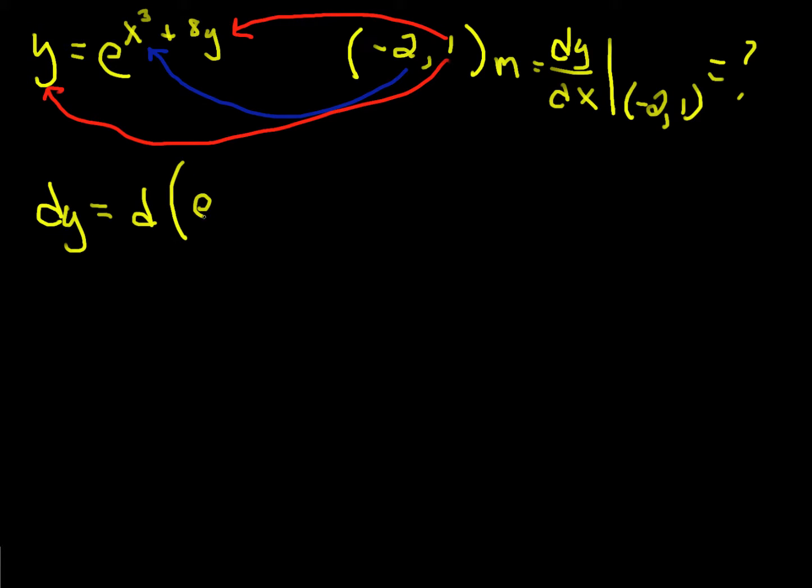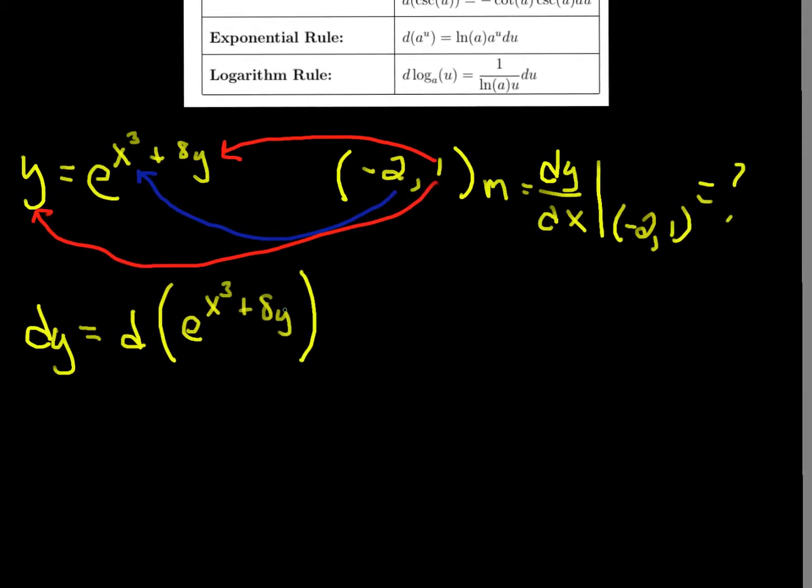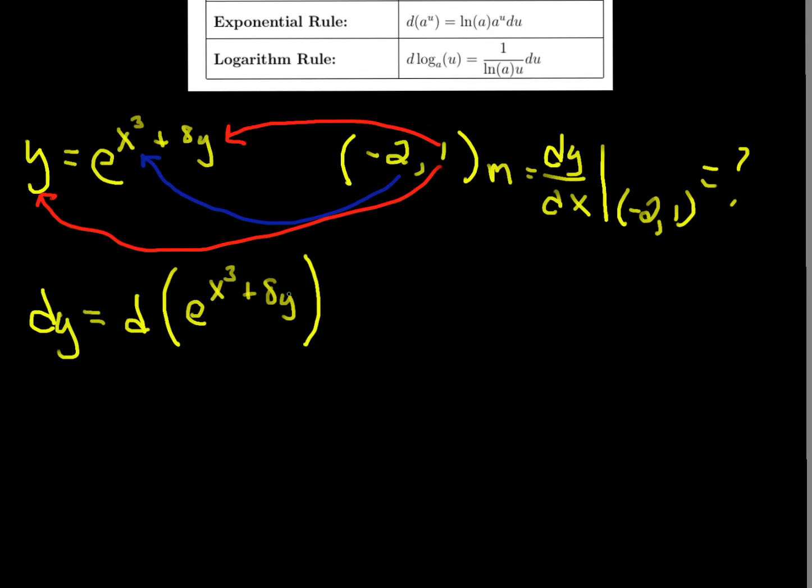So the differential of e to the x cubed plus 8y. The left-hand side, we're done. But on the right-hand side, we're going to have to use our exponential rule. It says that if I have some base, in this case e, raised to u, which is some function, then we get ln of our base, and ln of e is 1, so that'll be a 1, times the original expression times the differential of whatever was up in the exponent.